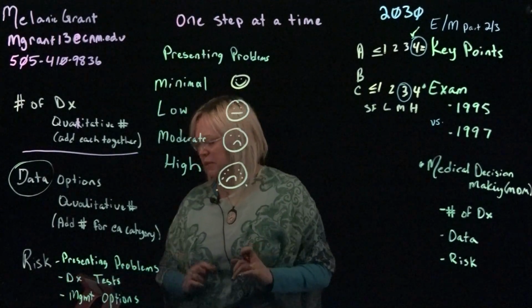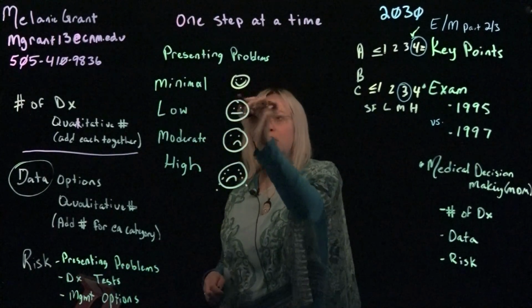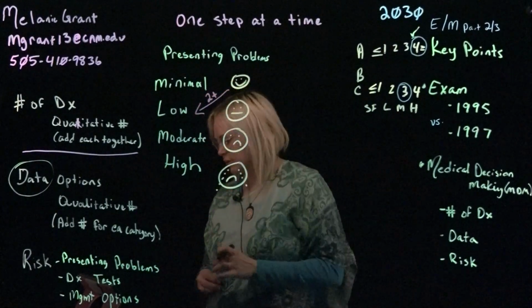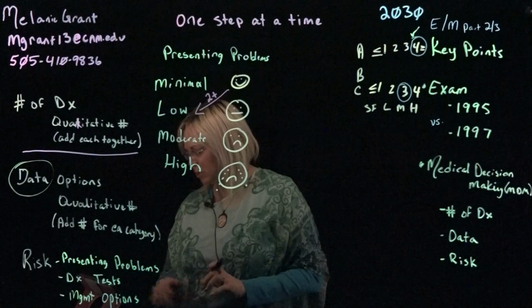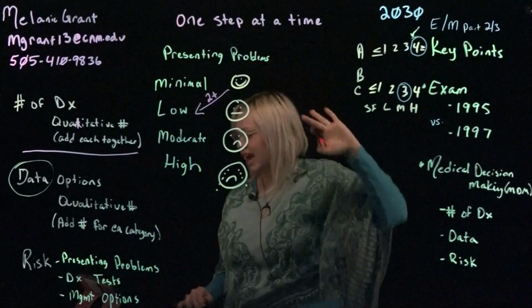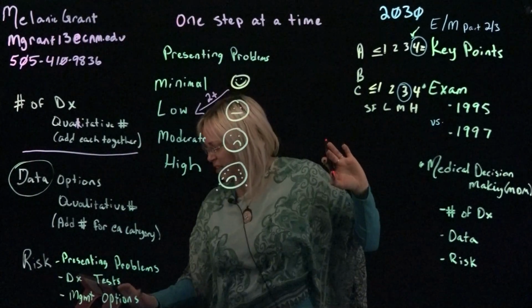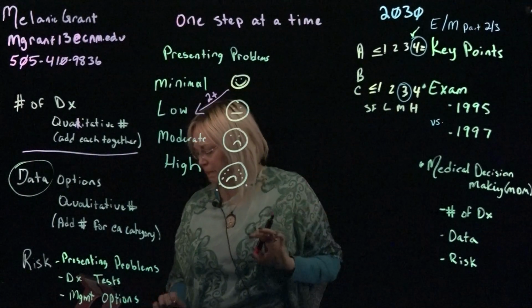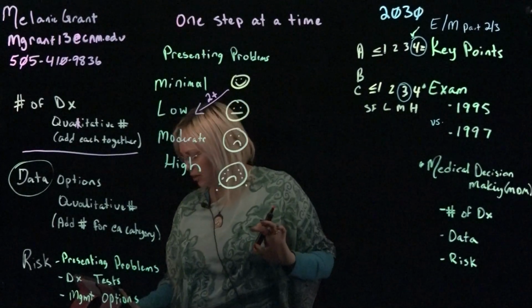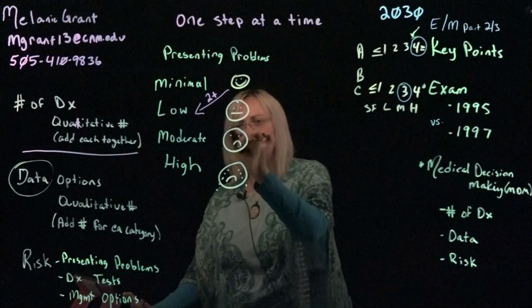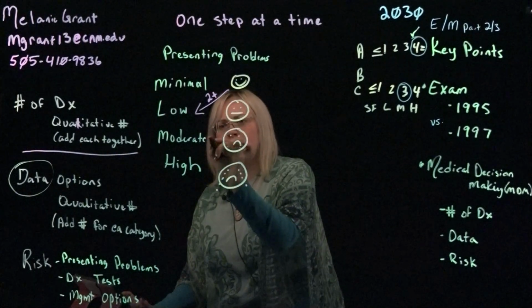2 or more self-limited problems, even though they're both happy, will fall under a low category. Just as one stable chronic problem that's well controlled, and if it's controlled, it's probably a happy thing, and acute uncomplicated illnesses and injuries. However, under the moderate section, 1 or more chronic illnesses with a mild exacerbation is going to actually be moderate.